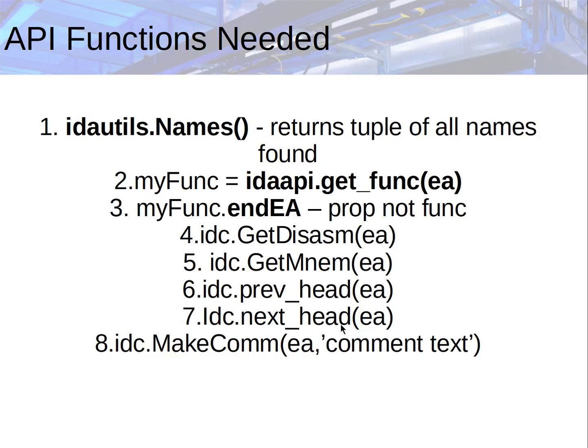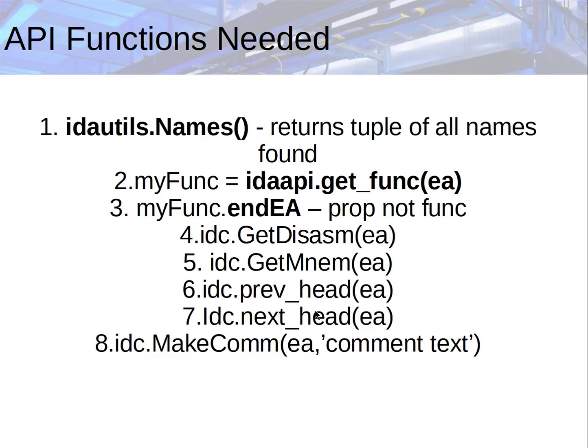idc.prev_head and idc.next_head. Okay, so this is another thing that they do in IDA. Basically, each instruction or data component that IDA parses is referred to as a head. So if we're saying get next head, what we're saying is get the next instruction. Now, you have to think about this for a second, because the next instruction is not necessarily the next address.